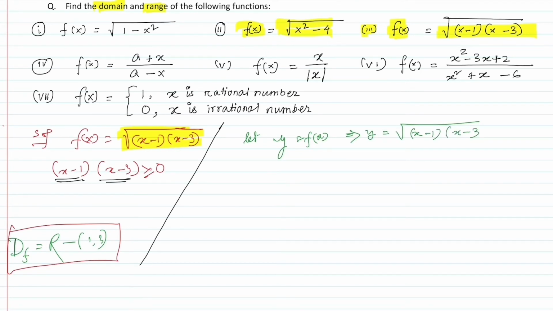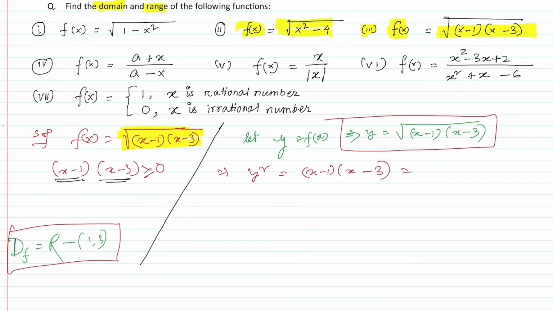Here y is positive. Now squaring both sides, we get y square equal to (x minus 1)(x minus 3), and the product of these two is x square minus 4x plus 3.